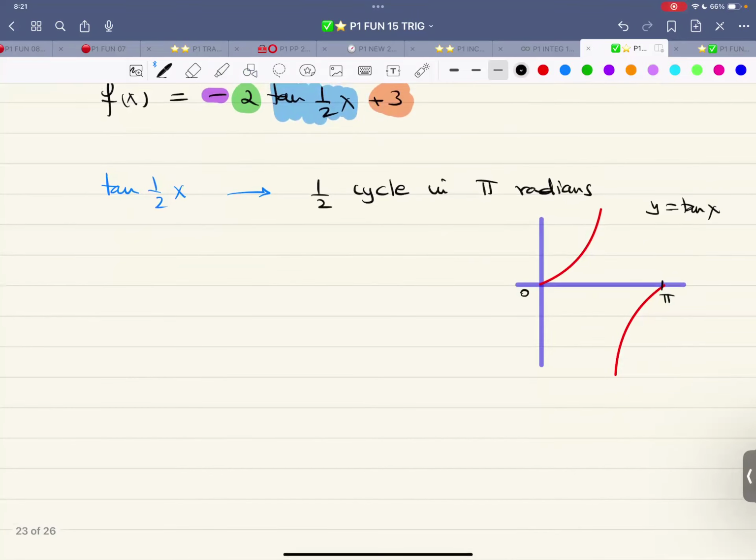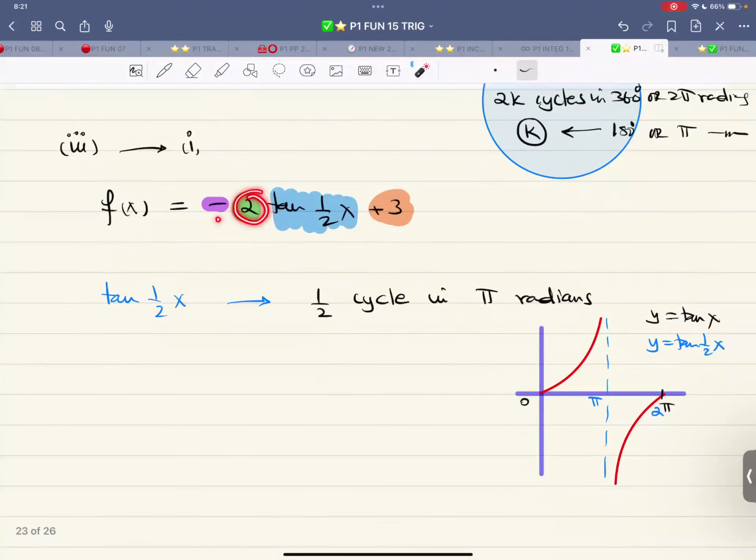If I talk about y is equal to tan(half x), then half a cycle in pi radians. So this is actually pi radians, half a cycle. So let me write over here, this will become pi, and this will become 2 pi. So therefore, I am interested in this part only, half a cycle in pi radians.